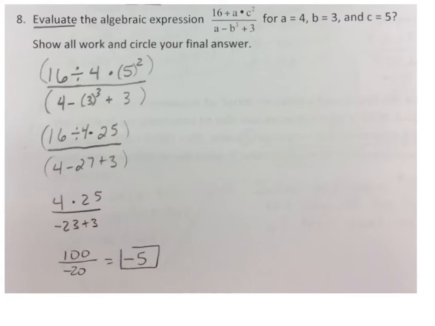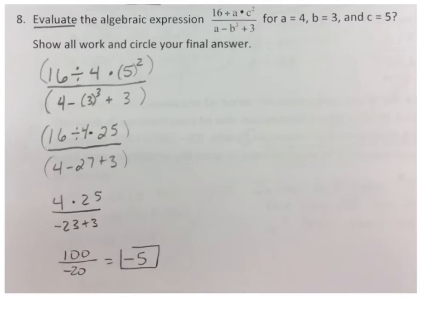Now, with question number 8, it says evaluate the algebraic expression. Well, again, you're going to plug in. Every time you see an a, you're going to put a 4, a b is 3, and c is 5. Show all your work and circle your final answer. Now, notice what I've done. I put parentheses around the top and the bottom. The reason why is you need to do the numerator first and then the denominator.